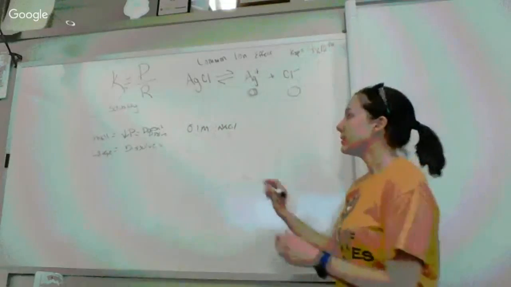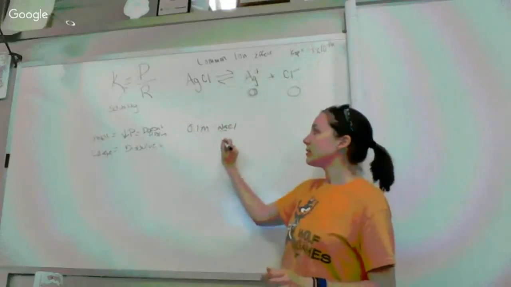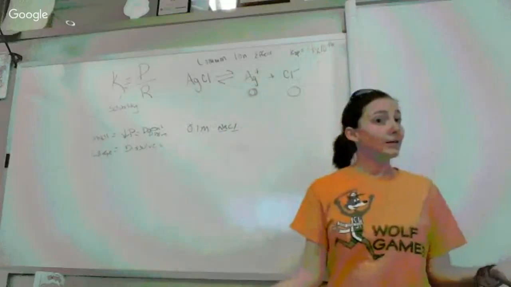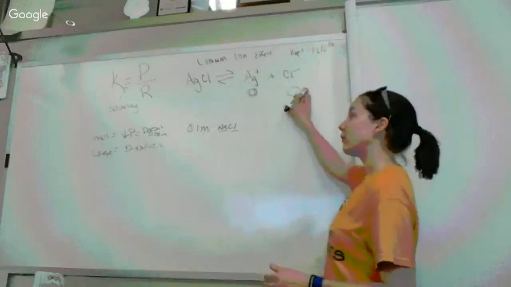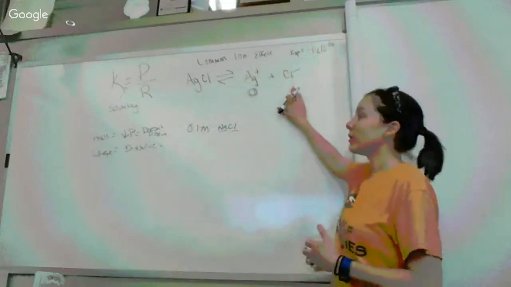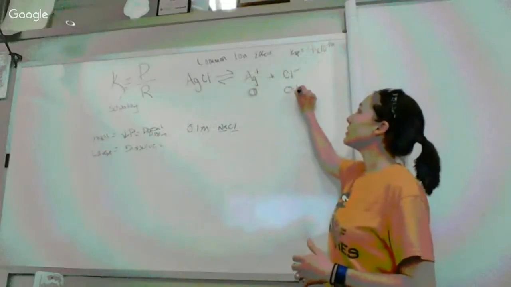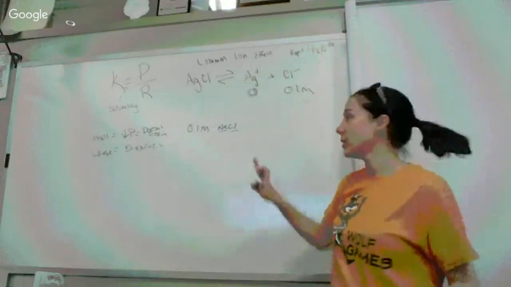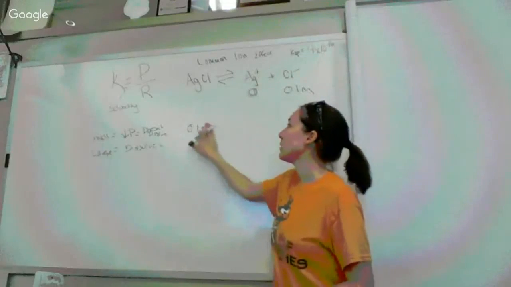Since it's 0.1 molar NaCl, that's 0.1 of Na and 0.1 of Cl. The Na doesn't matter to this, but the Cl for sure does. So instead of starting with 0, I'm now going to start with 0.1. That's really where you have your difference. The rest of your work would end up being the same.